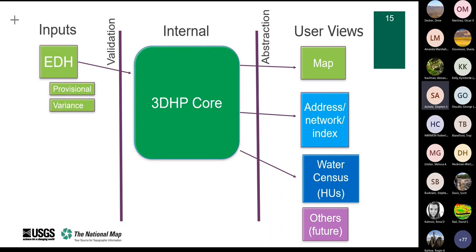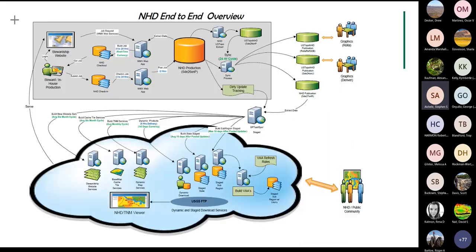Similarly, that provides us with a lot of flexibility on how we manage that internal data structure. We have an obligation to provide an output product in these views, but if we need to change something in how we handle that internal database for data management purposes, we can do that without having to change this whole ecosystem, which was sort of where we were before.